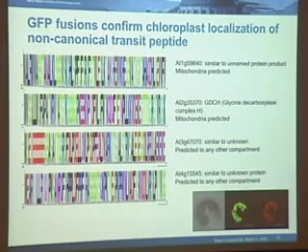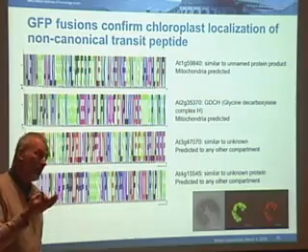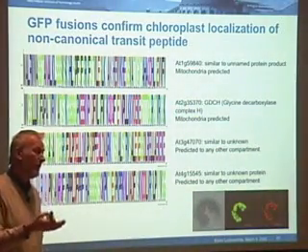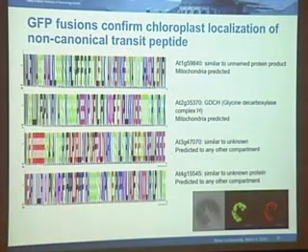Then, of course, what you need to do is confirm that these additional proteins that you identify are actually localized in the plastid, that you have not co-purified some non-chloroplast proteins. Of course, we can't do this for every protein, but for a number of examples that we picked, we made GFP fusions, and for all of them, we have been able to confirm that they are actually in the chloroplast.